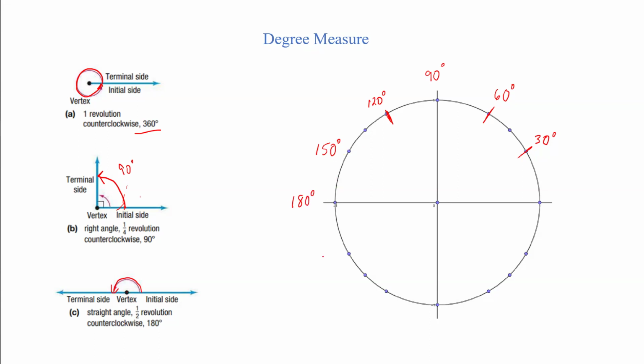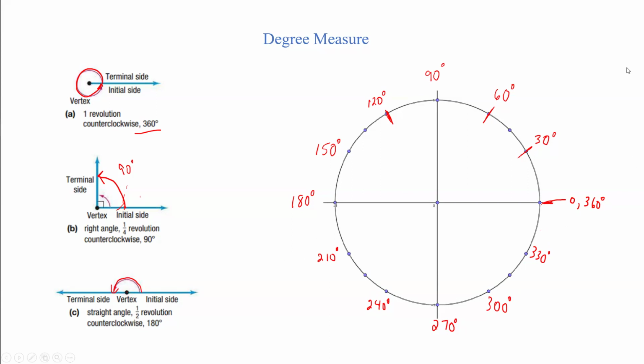And then another 30 here is going to be 210 degrees, 240, 270, 300, 330, and then 0 is the coterminal angle with 360. If we go all the way back around, we're at the same place that we started with, the 0 degrees.